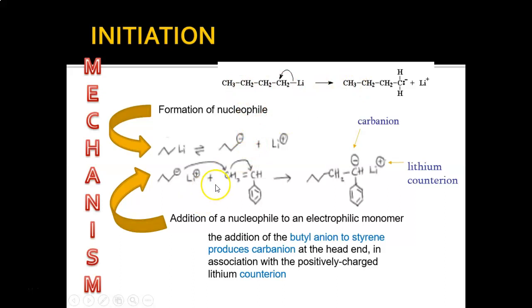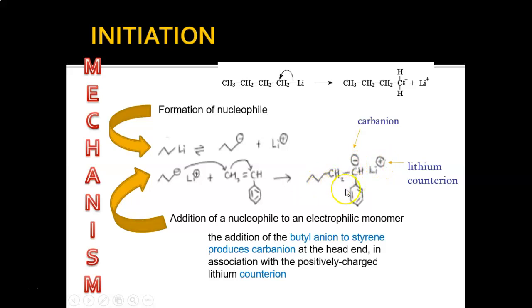Then during the initiation process, this one is a dissociation, and you just copy down the structure of the dissociation to react with the monomer. We can see that the negative charge of the butyl ion will be donated to the carbon atom of the monomer, and it will form the lithium counter ion at the end, together with the negative charge here.